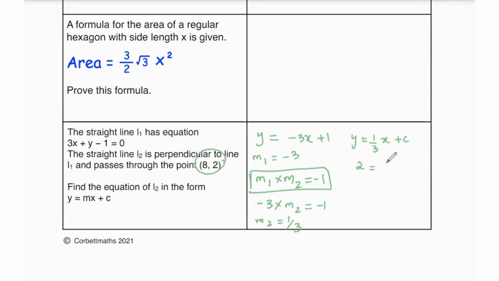So 2 equals 1 over 3 times 8 plus c. 2 minus 8 over 3 equals c. So that's going to be 6 minus 8 over 3, which is negative 2 over 3 equals c. So y equals 1 over 3 x minus 2 over 3. That is your equation.